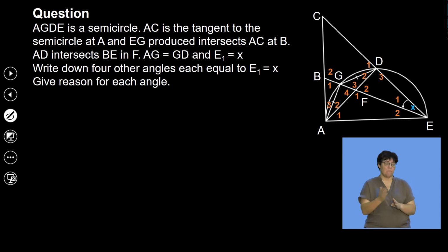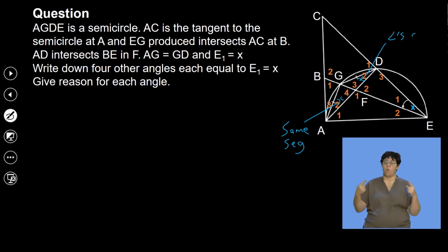Before I can even answer this, I'm just going to show you these angles. This is going to be X, Y, because of same segment. You will just write them down in order there. And this will also be equal to X, and the reason for that will be angles opposite equal sides.